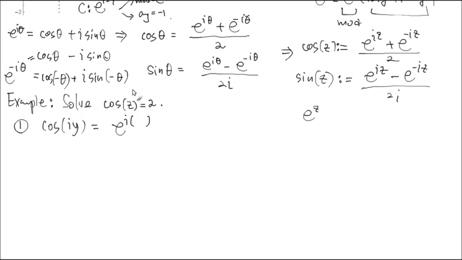What is z here? iy. Plus e to the negative i times iy. That's the definition. Is that right? You can see i disappears. It becomes a real number, right? That's good because we wanted to pull out a real number.